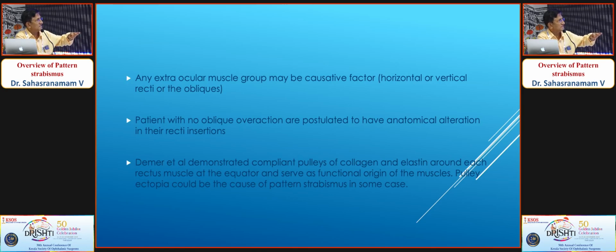These compliant pulleys act as the functional origin of the muscles, and an ectopia of this pulley at the equator of the recti muscles could be the reason for the pattern strabismus.